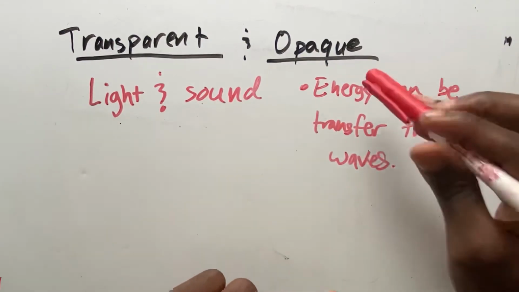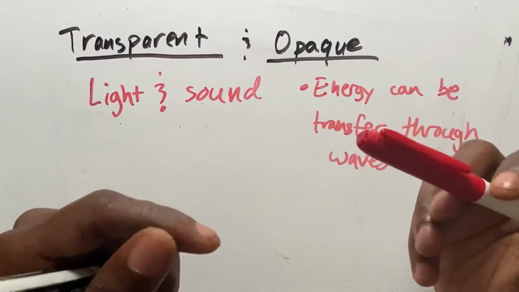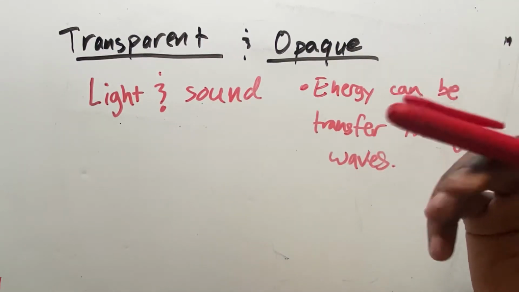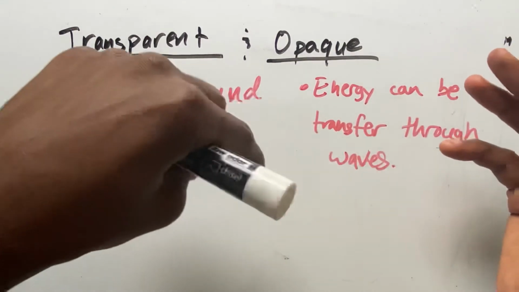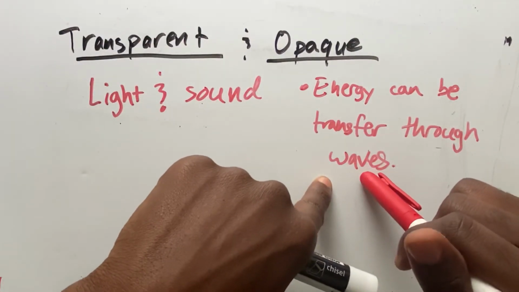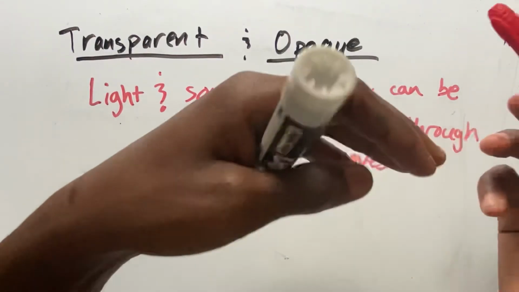And basically we know energy can be transferred through waves, simply from the whole resonance and the opera singer breaking glass with her voice. So the opera singer sings out, you know, her voice travels in the form of waves. Those waves then hit the glass, it begins to resonate, and then the glass breaks.